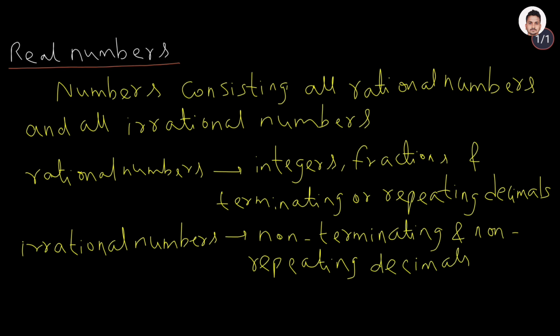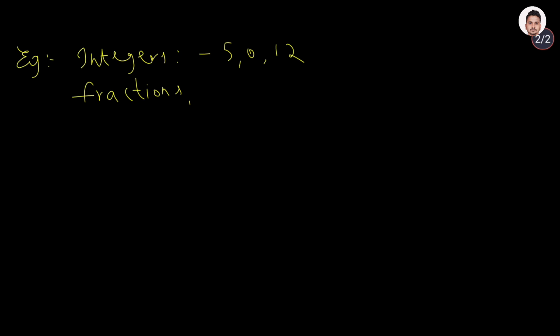We have seen the definition of real numbers. Now we will see examples. In integers, like -5, 0, 12, and fractions like 3/4, 7/5.